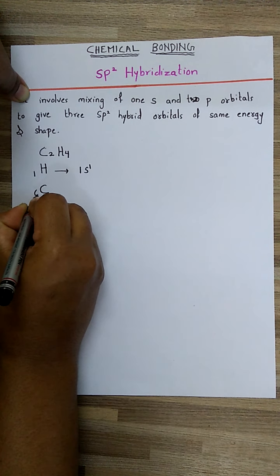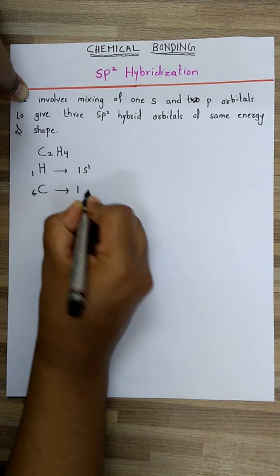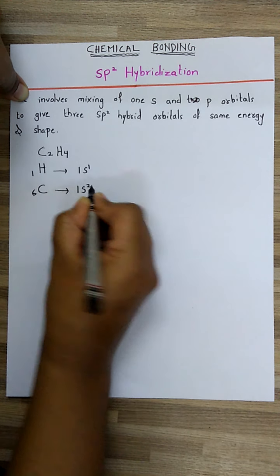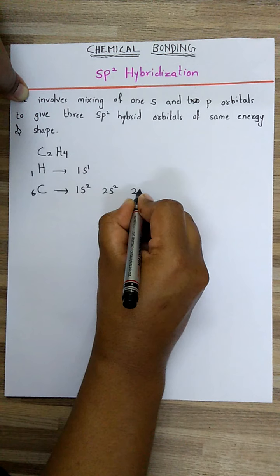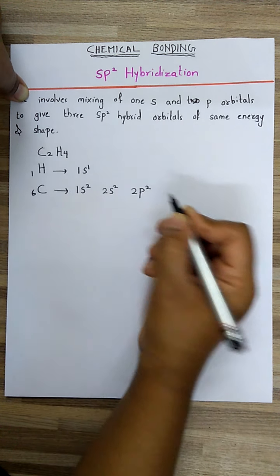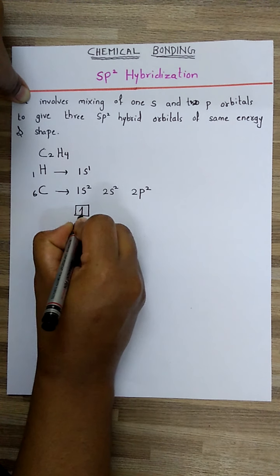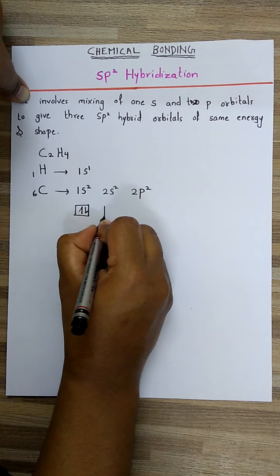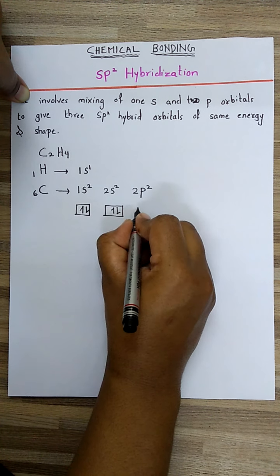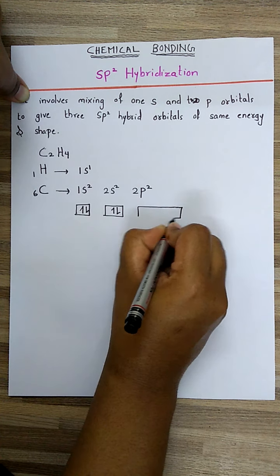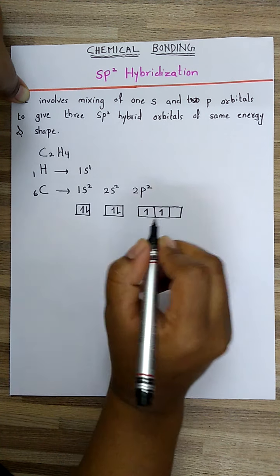The atomic number of carbon is 6, and its electronic configuration in the ground state is 1s2, 2s2, 2p2. So in the ground state we have 2 electrons in the 1s orbital, 2 paired electrons in the 2s orbital, and 2 unpaired electrons in the 2p orbital.